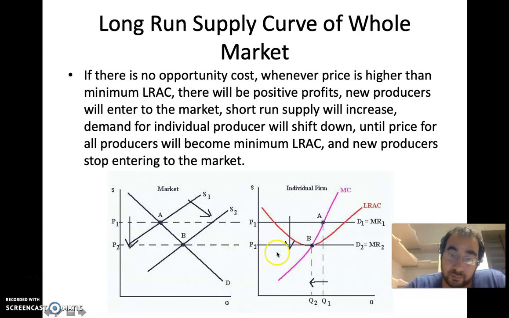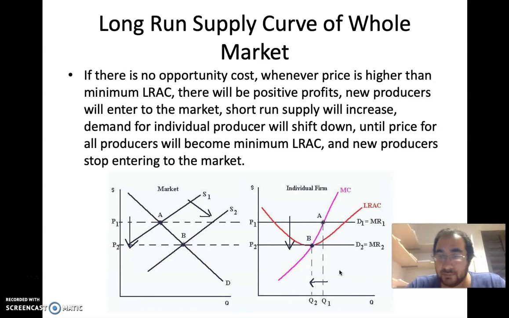If the price is lower than this, of course, the companies will exit the market in the long run. The supply will decrease, and as supply decreases, the marginal revenue curve will go up, and this process will continue up to the point when the marginal revenue curve just intersects the long-run average cost curve at one point, and companies start to break even.